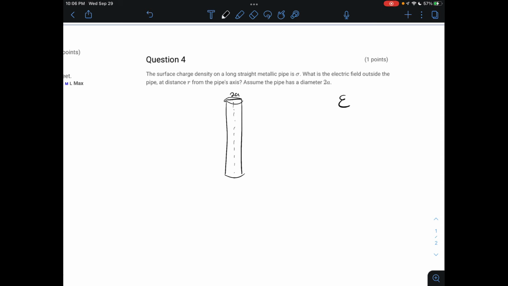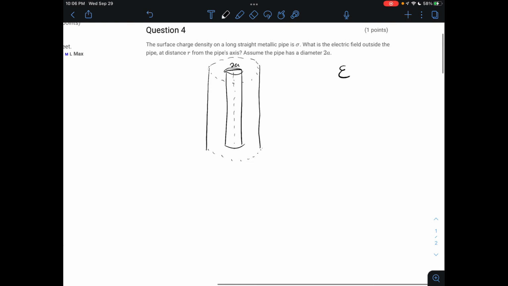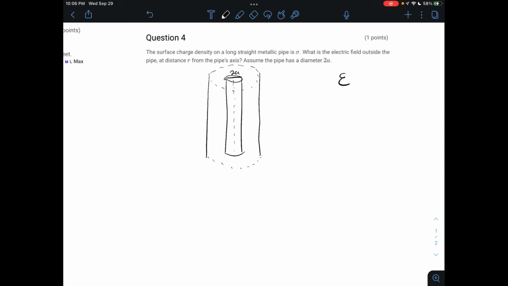We're going to use cylindrical symmetry to build a Gaussian surface around this that's cylindrical. So for our cylindrical surface, we can use our cylindrical symmetry equation.